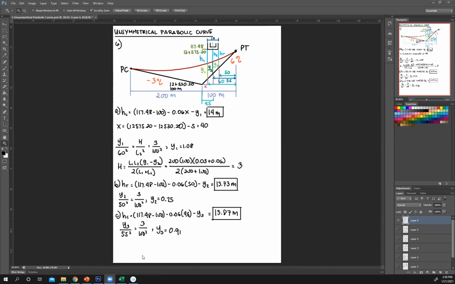Wala. If you don't have any questions, do you understand? Please answer yes or no. All right, good. So that's it for unsymmetrical parabolic curve.